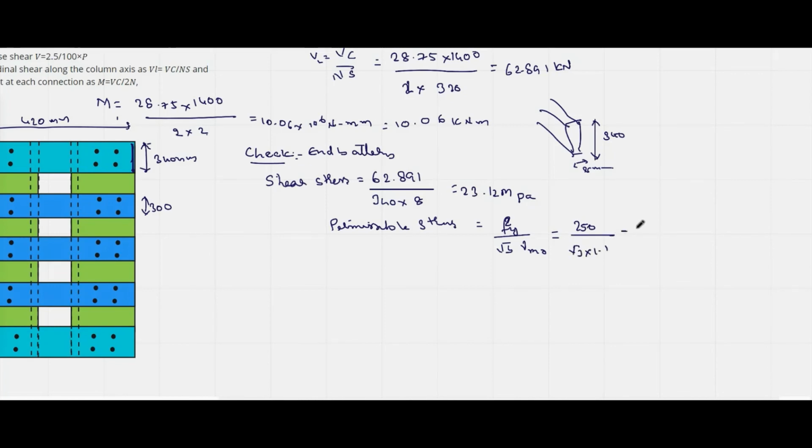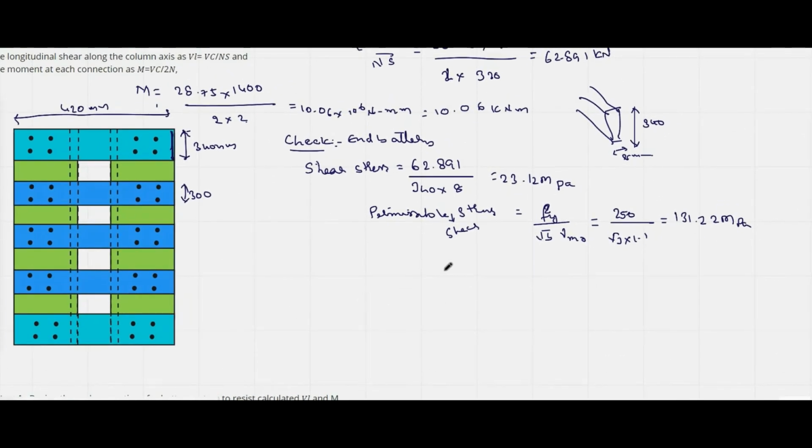So permissible shear stress is across 131.22 megapascals. But the shear stress in the material in the end batten is only up to 23.12 megapascal, hence it is safe.